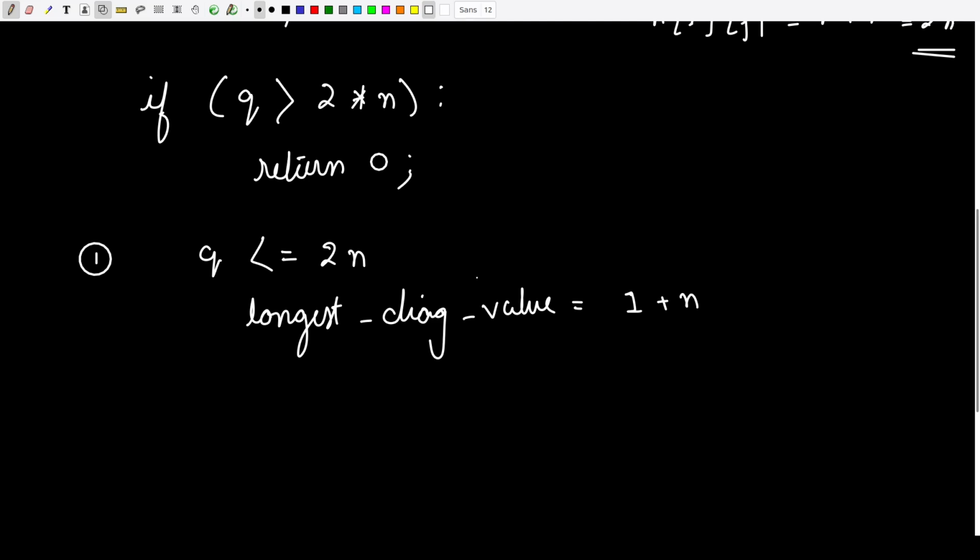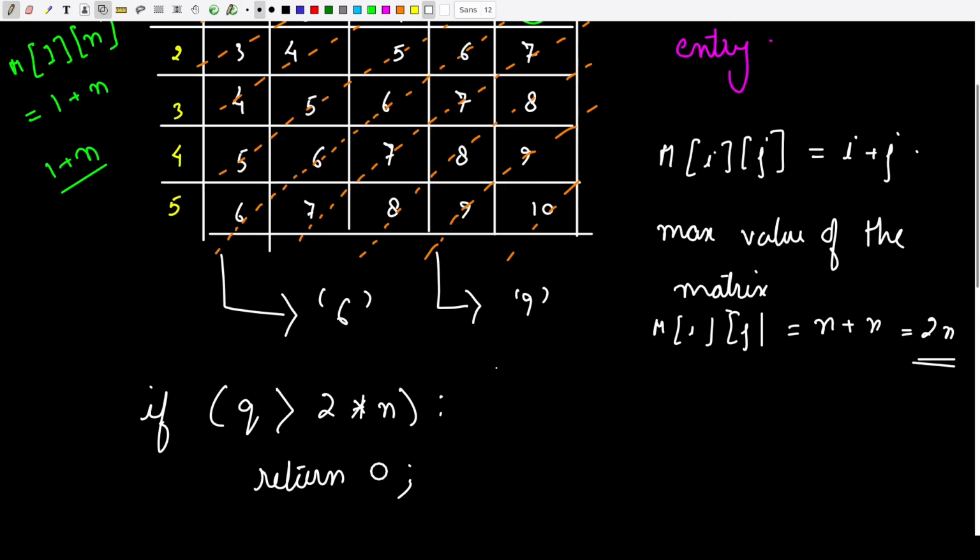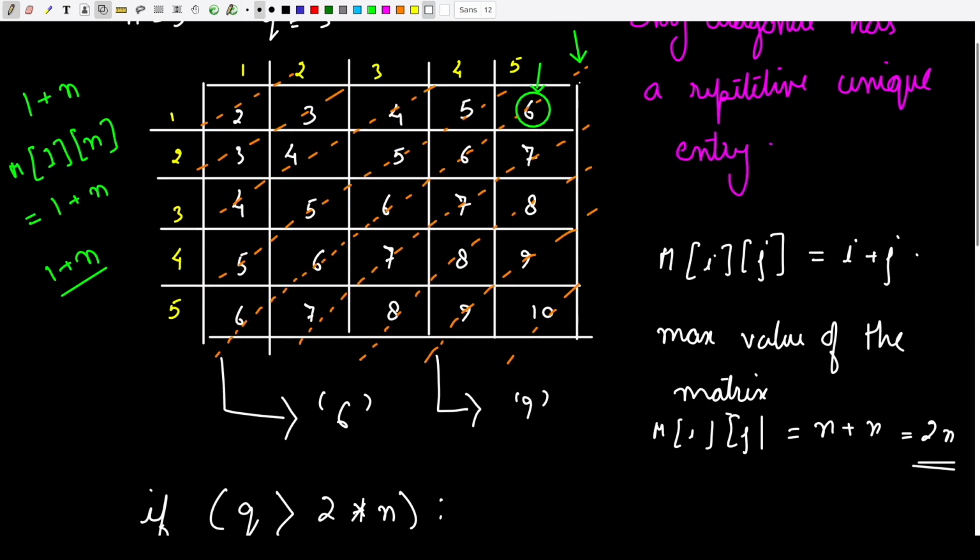Now with reference to this longest diagonal value, we will be able to find the number of cells containing q. Now if q is equal to 1 plus n, then that simply means that the value q lies in this diagonal.